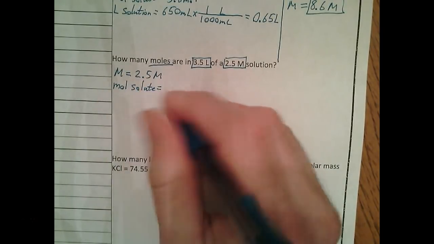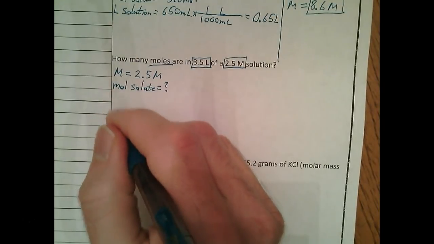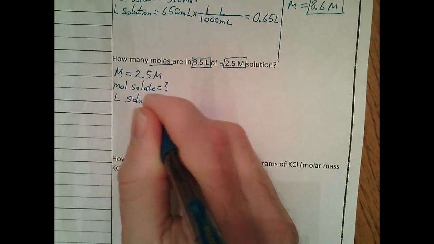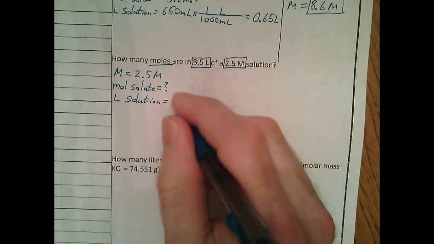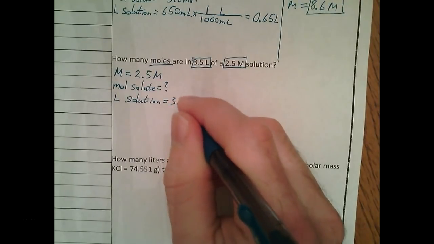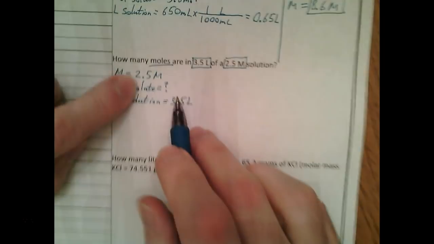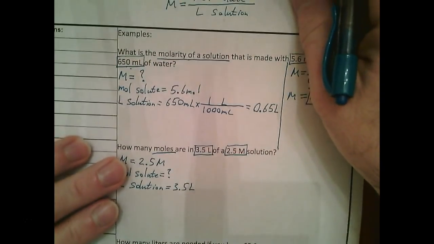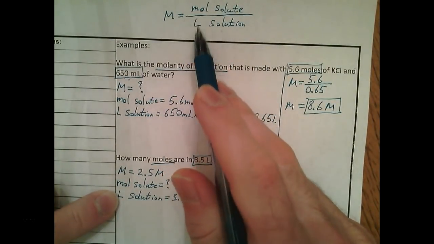I'm looking for moles of solute and liters of solution. It's already in liters, so 3.5 liters. Okay. Everything is already in the right units to set up in my equation. So I can jump straight into the equation. Molarity equals moles over liters.